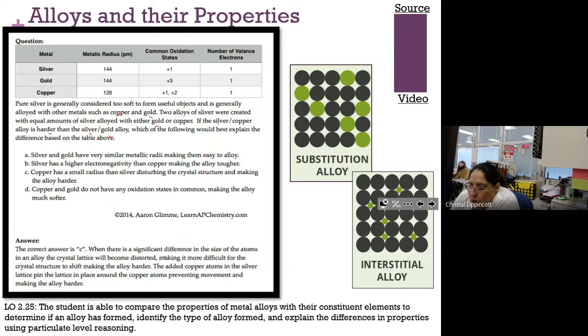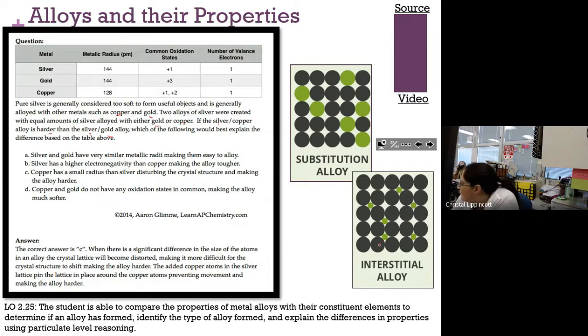When there's a significant difference in the size, the crystal lattice will be distorted, making it more difficult for the crystal structure to shift and making the thing harder. So the copper and the silver lattice will pin the lattice in place around the copper, preventing the movement. And that's what they do as far as steel. When they have steel, they have iron, and then they have carbon that's placed in there.